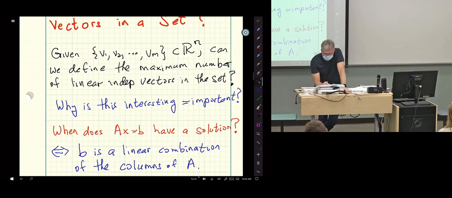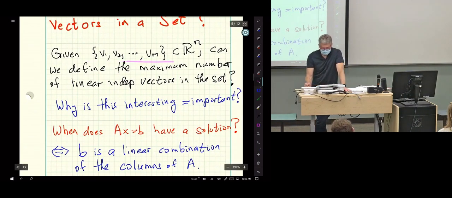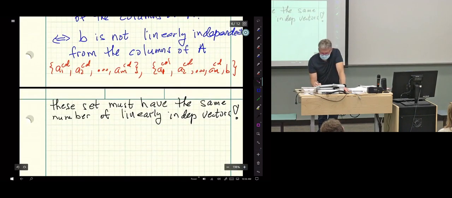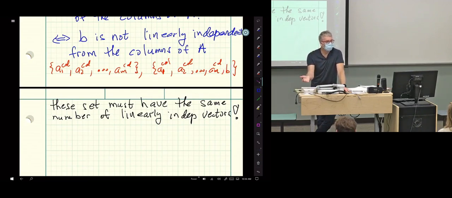How many linearly independent vectors are there in a given set? If I can answer that question, I can test if adding B to it gives me another one. If it does, B is not a linear combination of the columns, and my equation does not have a solution. That's the inescapable logic here.